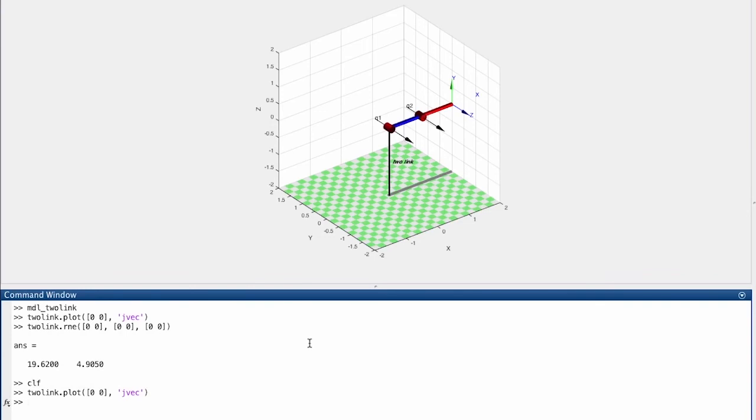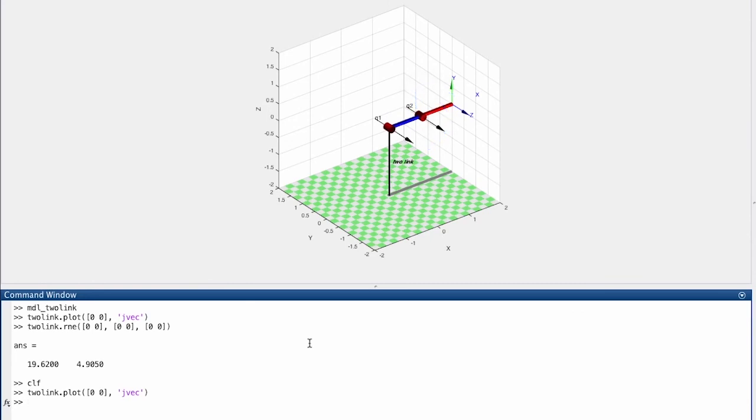So if we remember our right-hand rule, in order to understand the direction of a positive torque, what we do is grab the axis with our right hand, point our thumb in the direction of the arrowhead, and curl our fingers around the vector to indicate the direction of positive rotation. And what we can see here then is that a positive torque of 19.6 acting on the shoulder joint is going to be a torque that's trying to lift the robot arm up, which is exactly what we would expect, and similarly for joint 2.